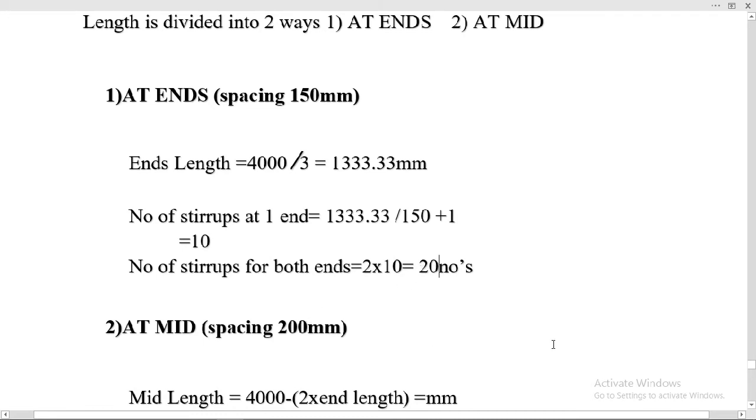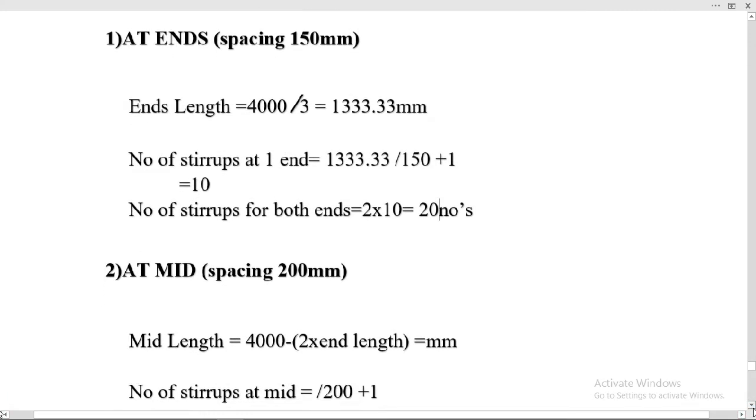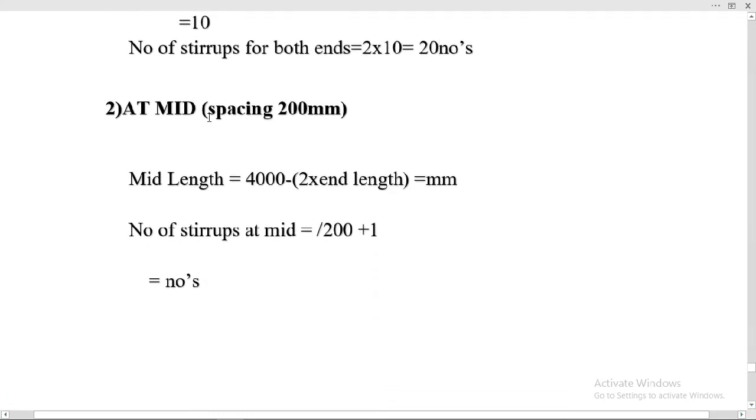So let's move further to calculate the number of stirrups at mid spacing. First we will calculate the mid length. For the mid length calculation, the total length after the subtraction of the concrete cover is 4000 millimeter. Subtract the two end lengths from the total length.